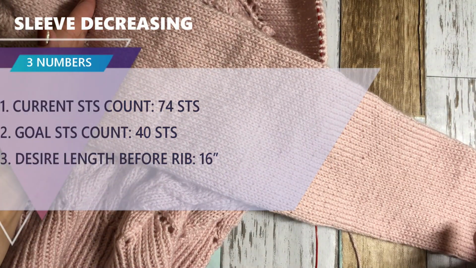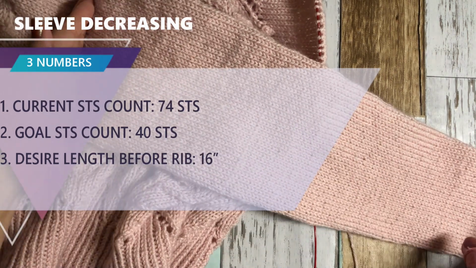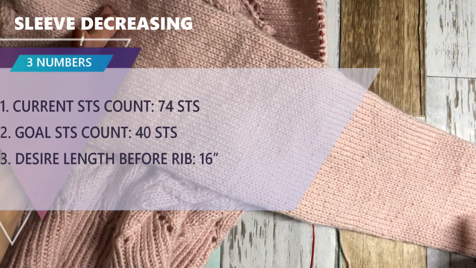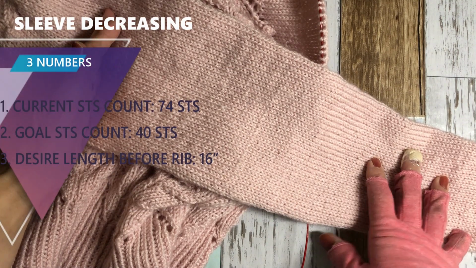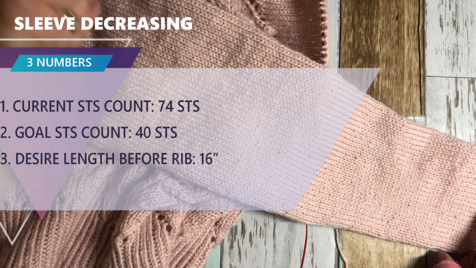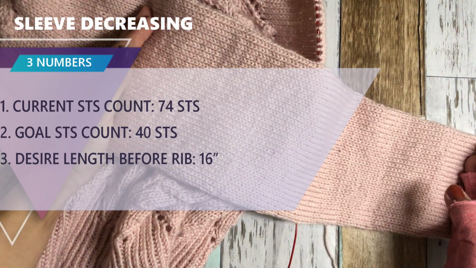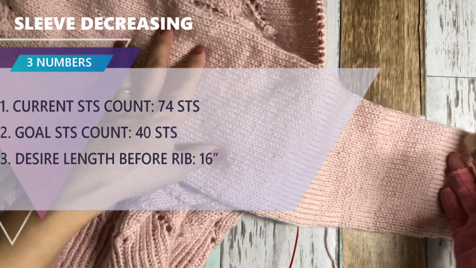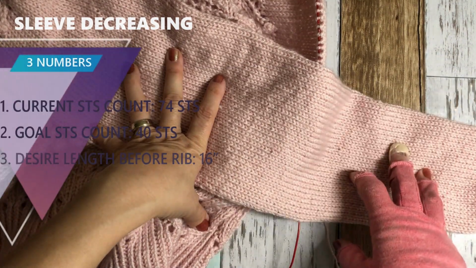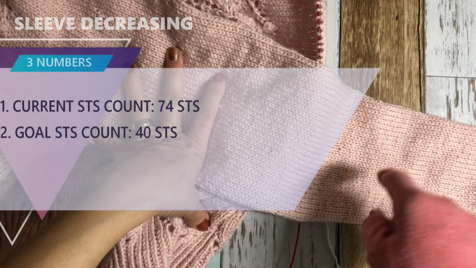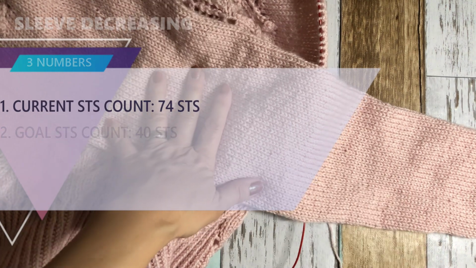Those 3 numbers you need. All right, and I'm going to open up my math gauge template because there is the formula there. Okay, if you don't have my template, again, I include how to figure it out in the written pattern so you can follow with your numbers.